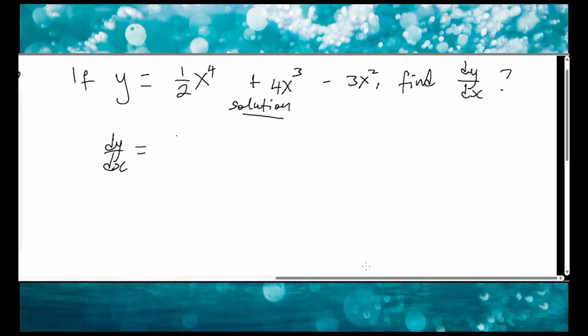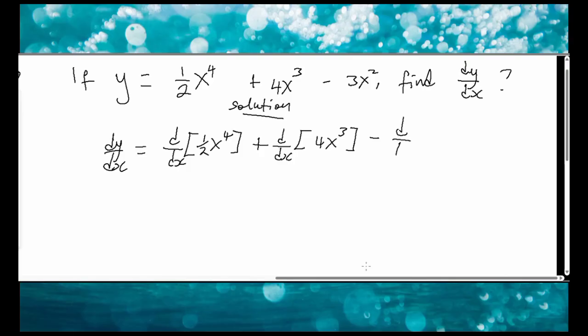So we're going to find the d dx of half x raised to the power 4, then plus d dx of 4x raised to the power 3, minus d dx of this term, which is 3x raised to the power 2. Then we do the computation of dy dx.